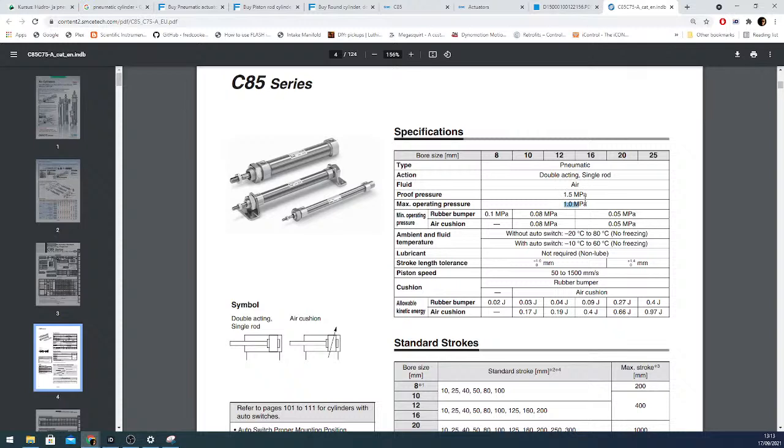Maximum operating pressure means that in this pressure range, 1 megapascal, which is 10 bars of pressure, the cylinder will be able to work. We can use 10 bars of pressure.